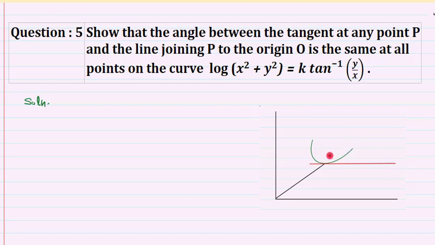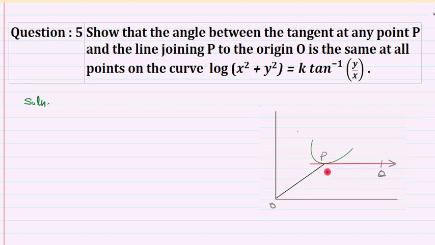In this figure, this is the curve given to us, and this is a point P on the given curve at which the tangent, let us name it as Q, PQ tangent is drawn, and this point P is joined to the origin.